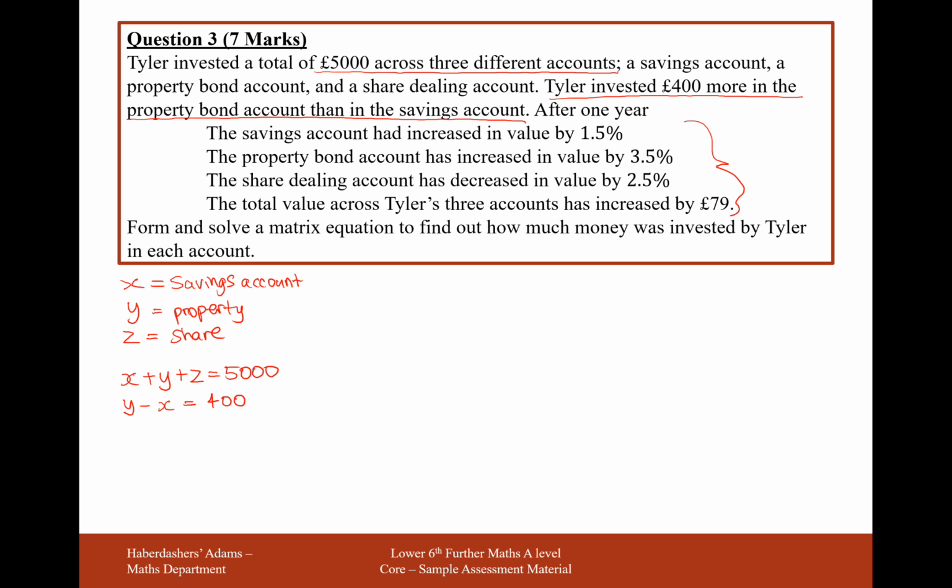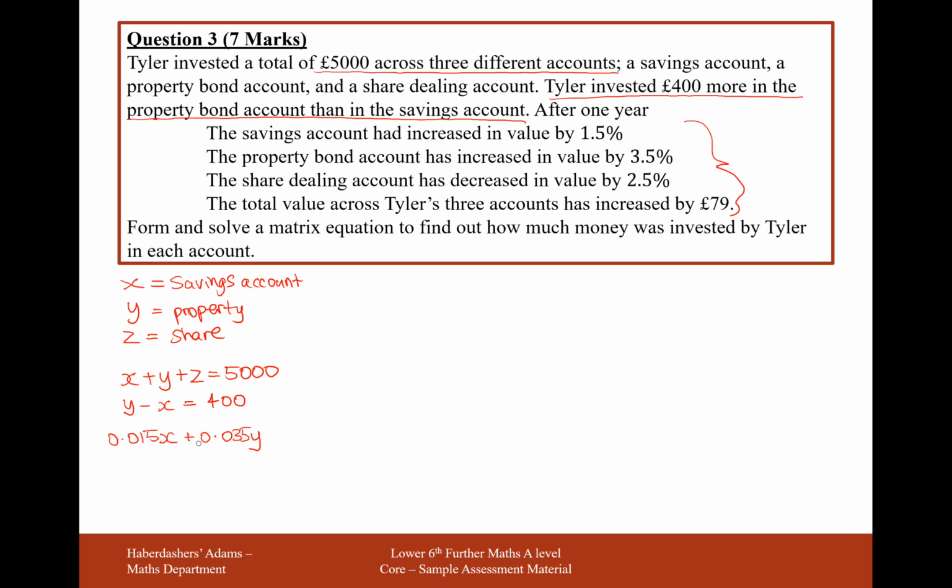So we're thinking about percentage increases and decreases. So if we've increased the amount in our savings account by 1.5%, that's going to be effectively 0.015 on the X. So that's how much we've increased the savings account by. The property bond account increased by 3.5%, so that's 0.035Y.